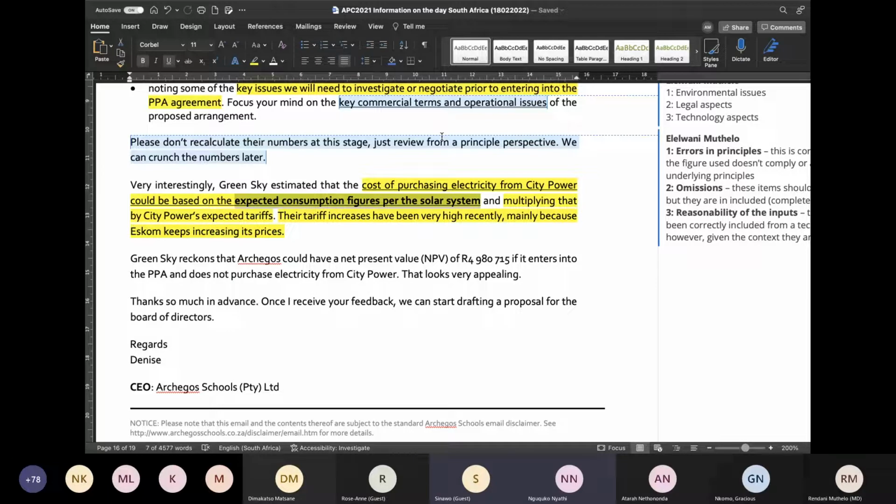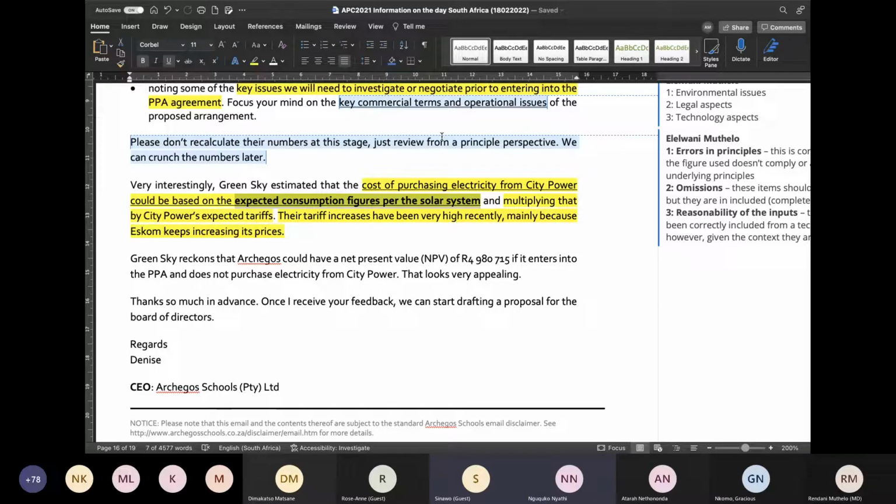the business model. So we're talking of a school, and obviously they need electricity for their day-to-day running. And here there is an external party who is sort of an expert. This Green Sky is a company that deals with solar systems, and they are coming in offering. They actually approached the school, I think, if I'm not mistaken.